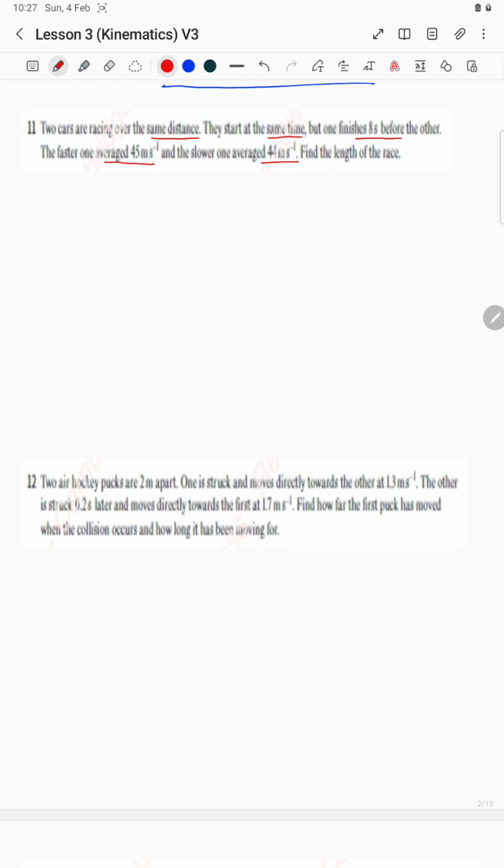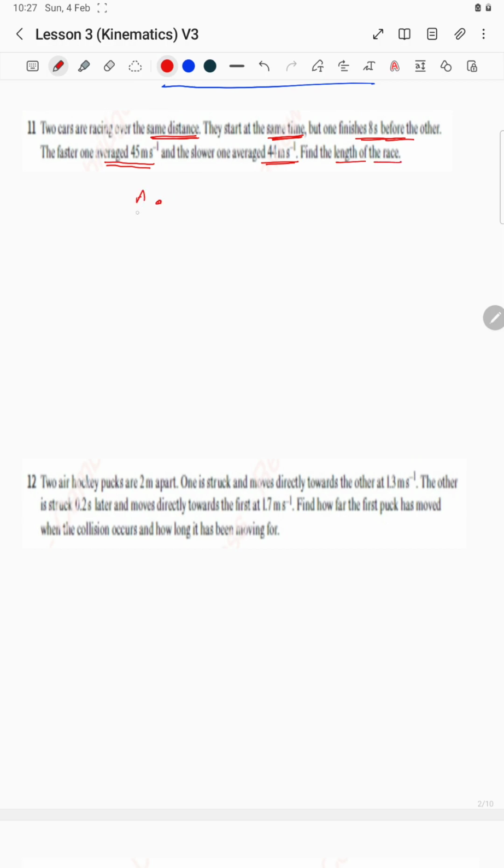Okay guys, here's another question. Two cars are racing over the same distance. The distance is same. They start at the same time, but one finishes 8 seconds before the other. The faster one's average speed is 45 meter per second, and the slower one is 44 meter per second. Find the length of the race.